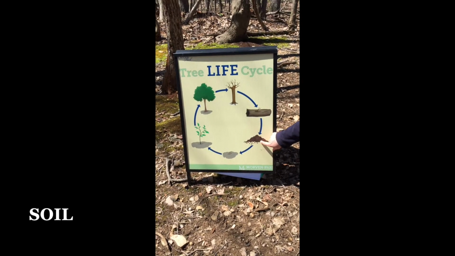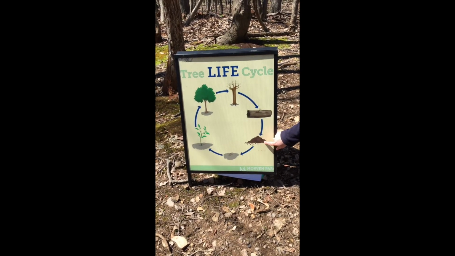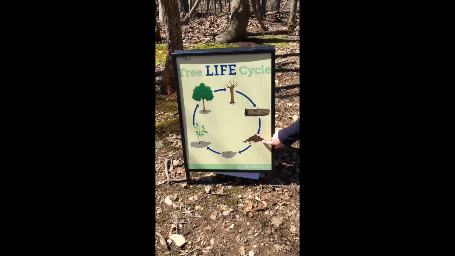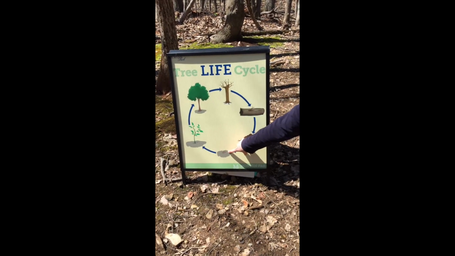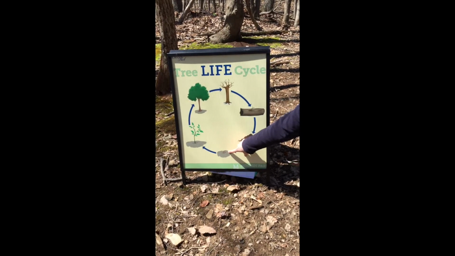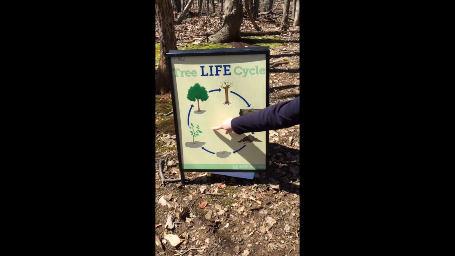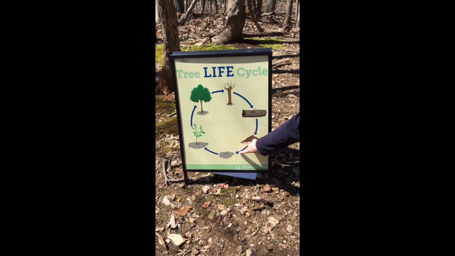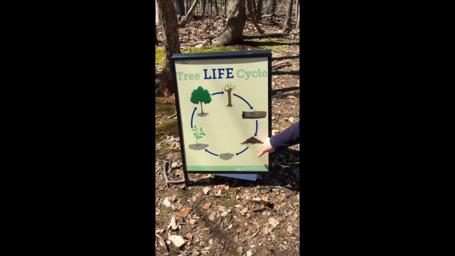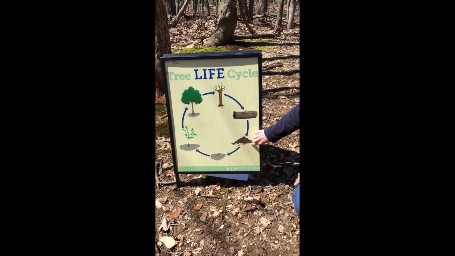And you can see that the soil is essential. It is necessary for the first stage of the tree's life cycle. That seed needs soil to grow into a sapling. So you can see it is a circle because it keeps happening over and over and over again in the woodlands.